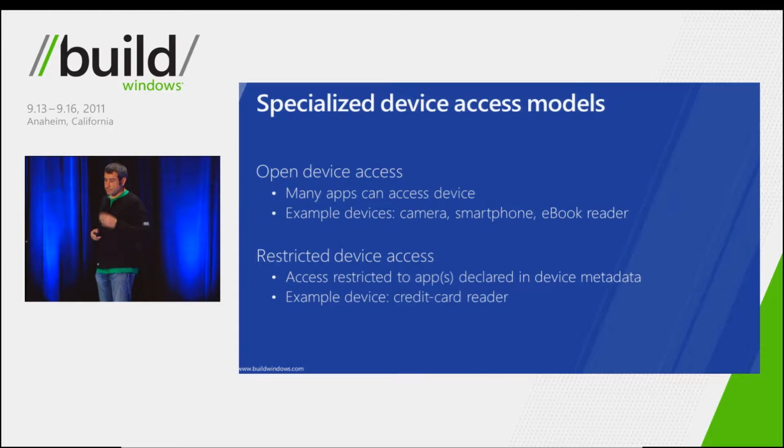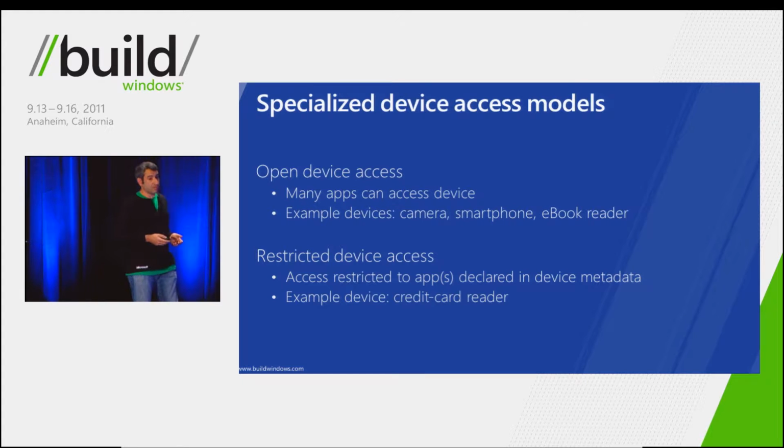The key question to ask yourself to decide which access model is best for your device is the business question: do I need many different Metro-style device apps to access my device or not?